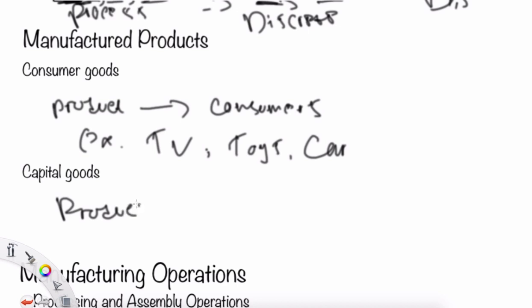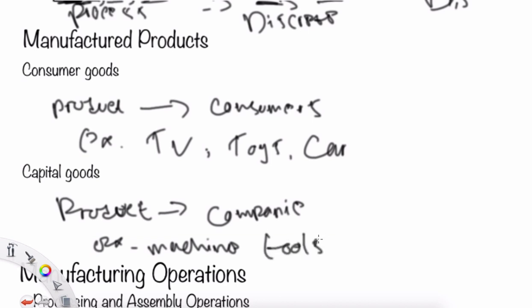Examples of capital goods include computers, machine tools, because they purchase the machine tools to produce a product, and construction machinery, and other products that cannot be purchased directly by the consumer.